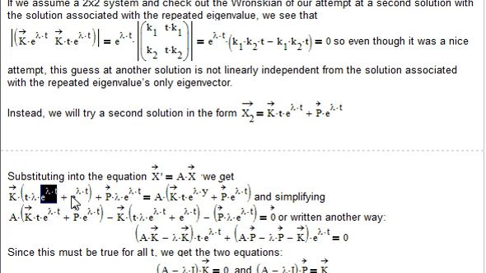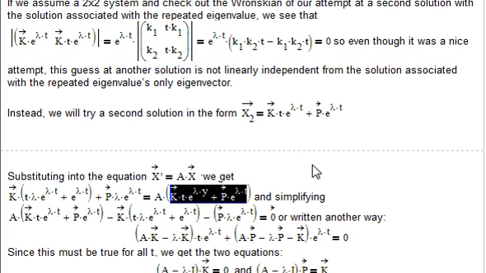That's the first d second part. And here's the second d first, that's just e to the lambda t. Plus, the derivative of this is just lambda times e to the lambda t times our vector p. And then A times this vector is going to be on the right-hand side.